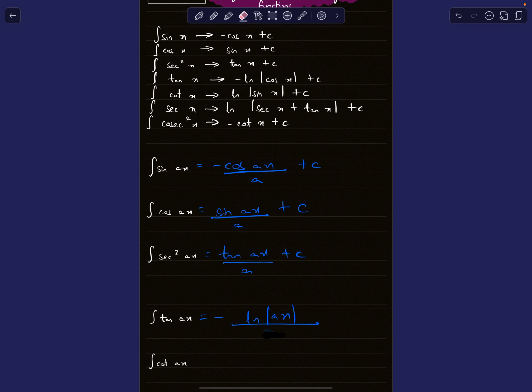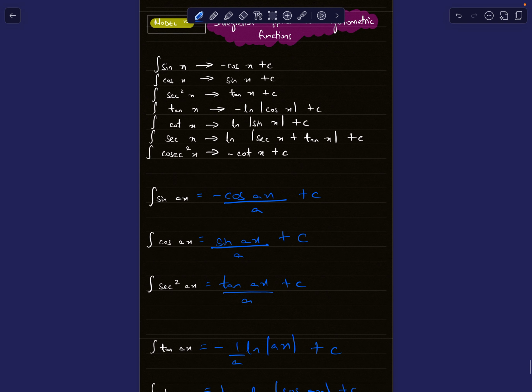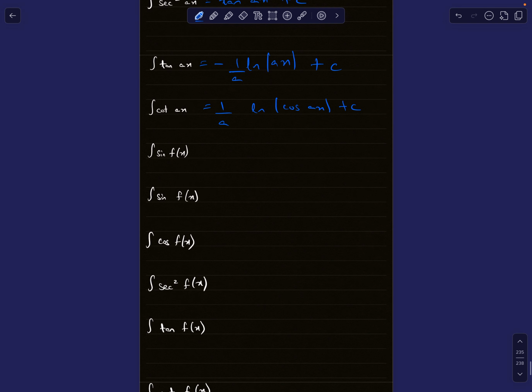Or if we write it down in a neat manner, we could also write it as 1 over a, plus c. Then we have cot. So we have 1 over a ln sin ax plus c, from the basic integrals.